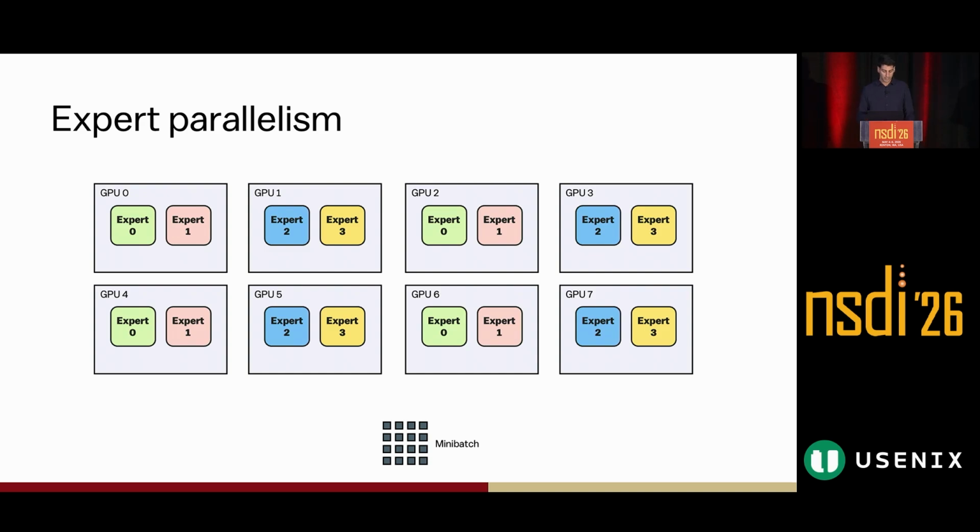In this example, every expert has 4 instances. And in every training iteration, the input batch, which is partitioned across the resources in the system, every token is assigned to an expert. And we apply an all-to-all collective to route every token to a device with its corresponding expert.